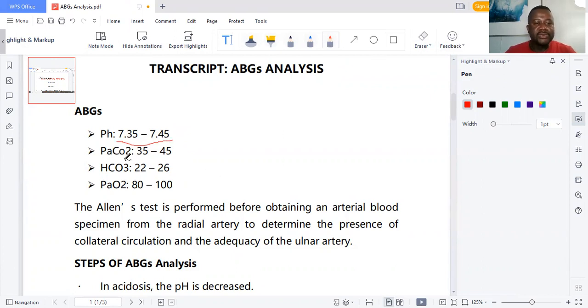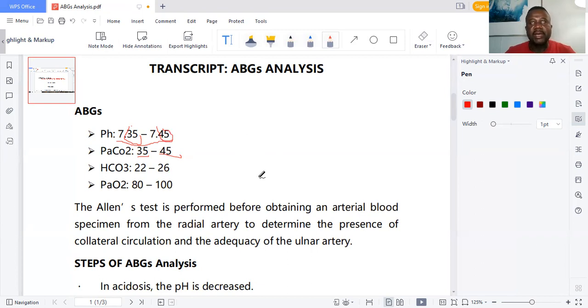And it's easy to know the carbon dioxide. Just pick out the 35 here and the 45 here, which will give you the range of the carbon dioxide, which is 35 to 45.